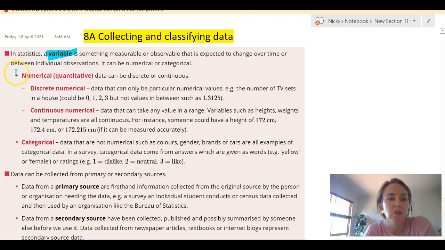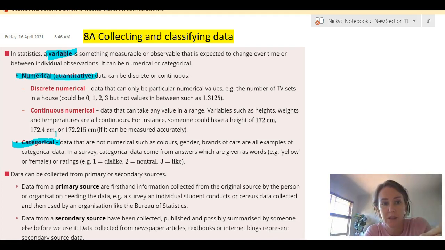So there is numerical data, which we can also call quantitative data, so quantity, the amount of something, and there is also categorical data. I'll get to categorical data in a moment. Okay, so numerical data has 2 subcategories as well. So it can be discrete numerical data or continuous numerical data.